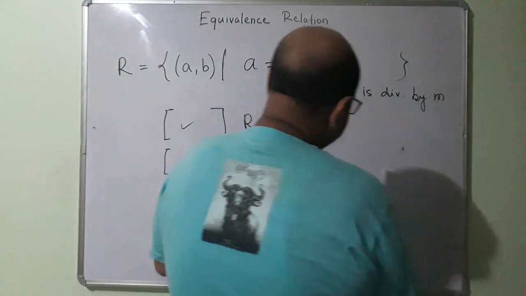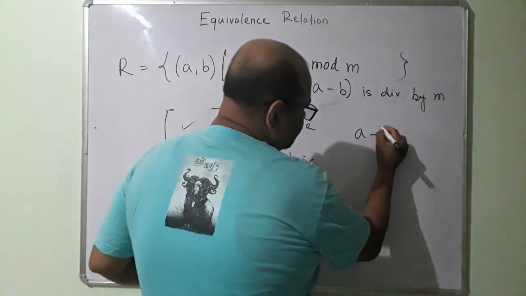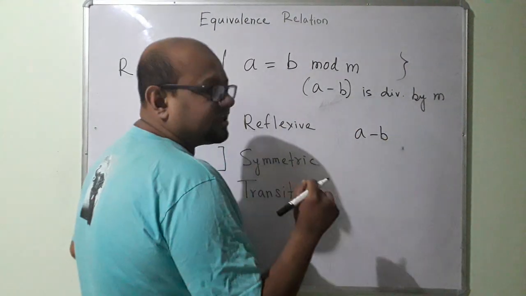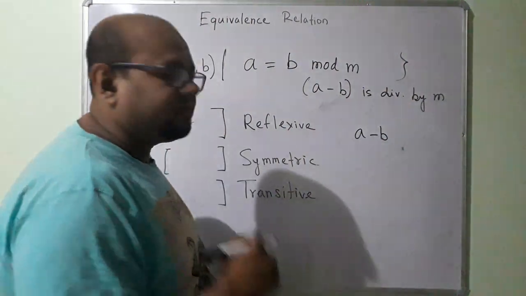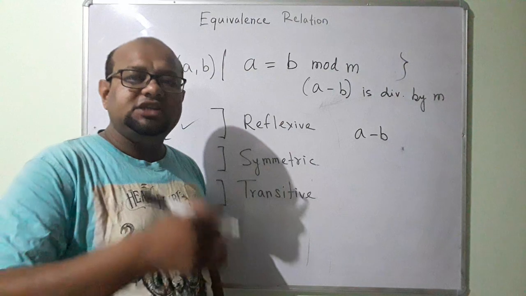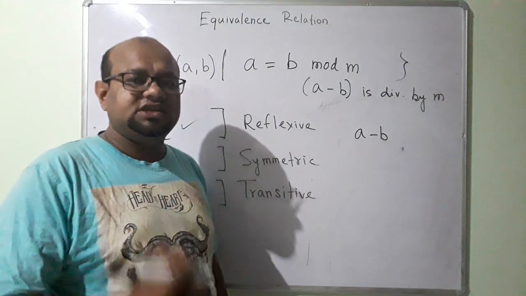Is it symmetric? Say AB is in the relation. We have to figure out if BA is in the relation. If AB being in the relation means BA is also in the relation, then it is symmetric.